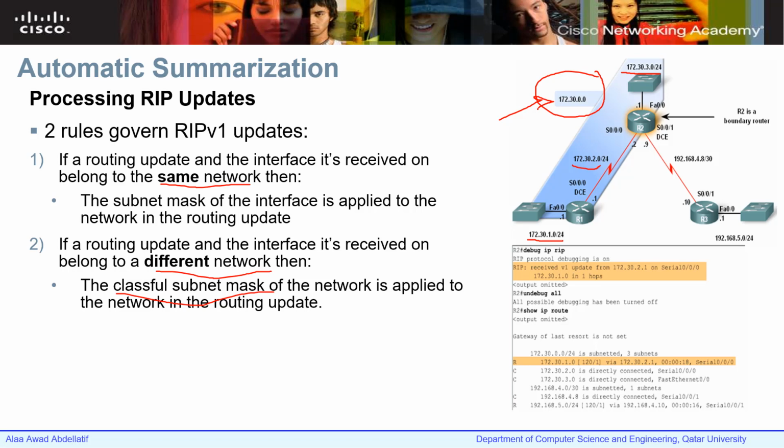But inside the same network, I will use the detailed IP or classless IP. Okay, clear these two rules. Inside the same network, I'm using all IPs as they are without summarization, but between different networks, I'm using summarization and sending only a classful subnet mask. Okay, clear?